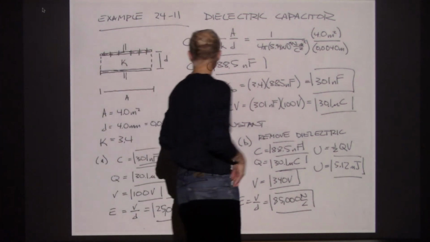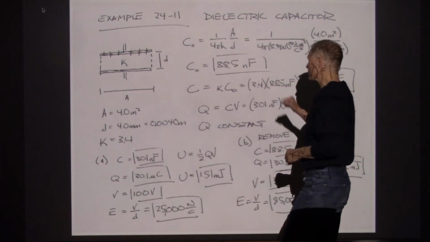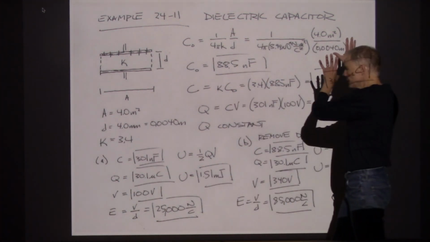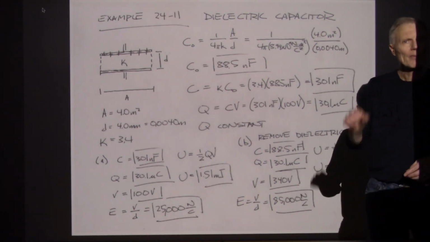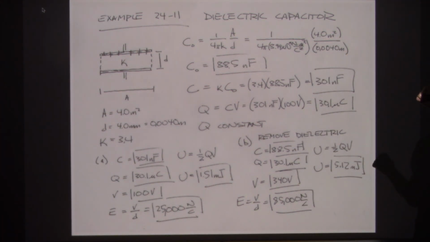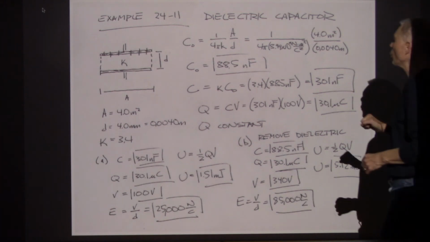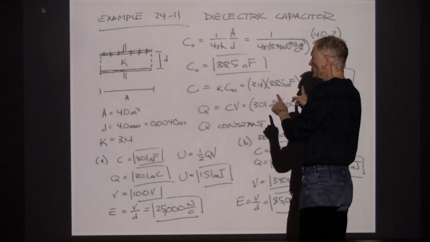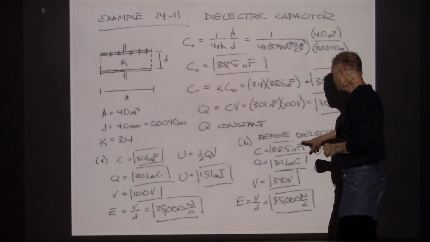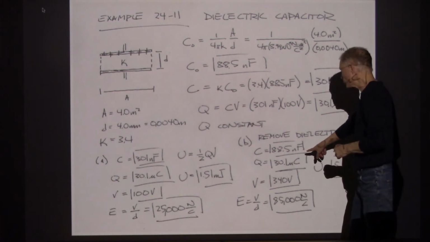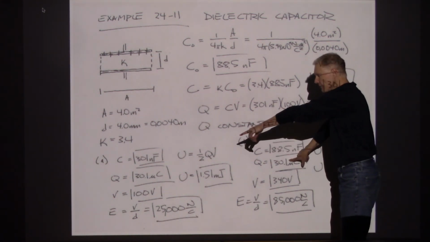Now, what happens when I remove the dielectric? In part B, they say calculate all these numbers with the dielectric in place, and then carefully pull the dielectric out. So we've disconnected the capacitor, meaning that the charge is going to be the same as it was before.